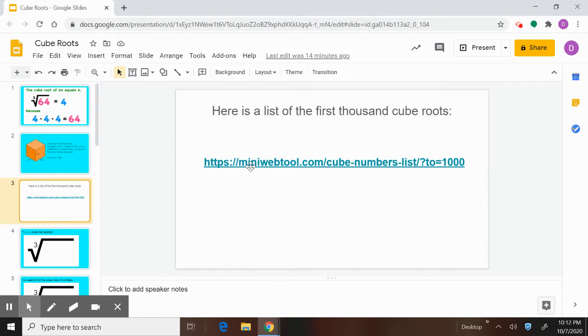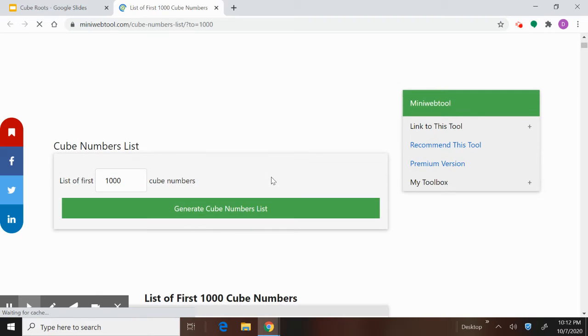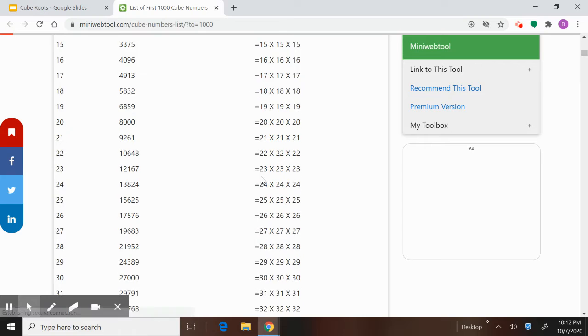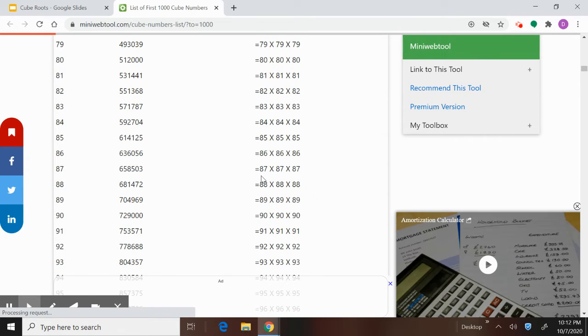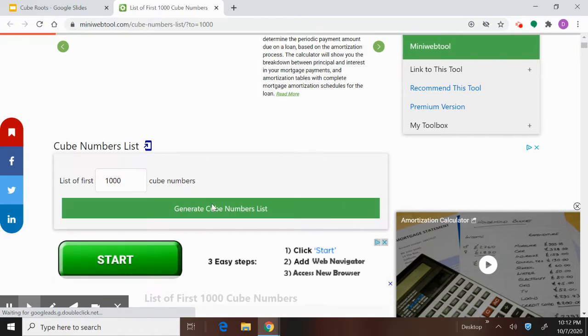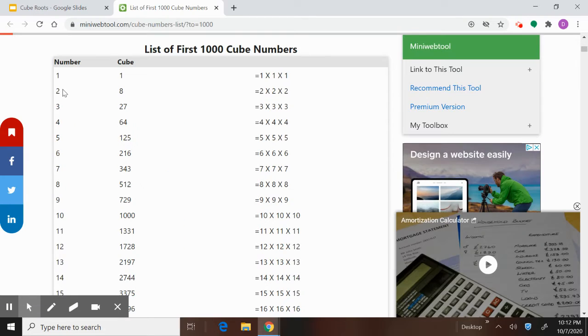If you wanted to see a list of the first 1,000 cube roots, you could click this link on the Google slide that you have available to you, and it will bring up the first 1,000 cube roots. These numbers here are the cube roots.